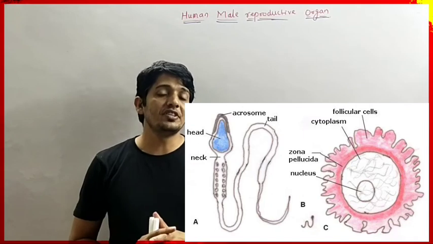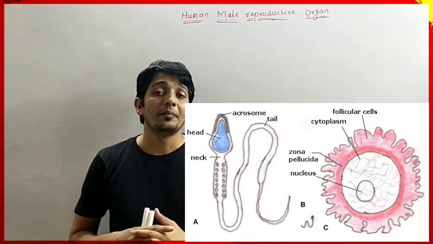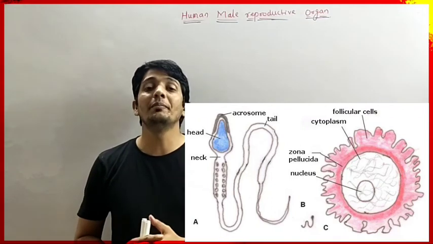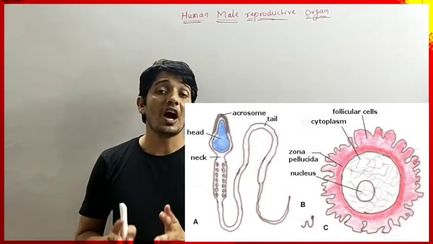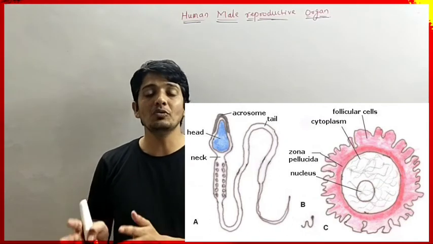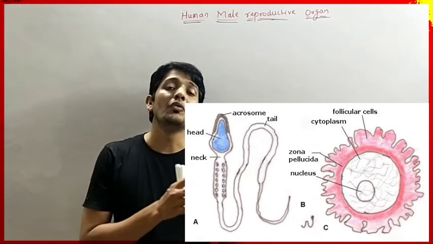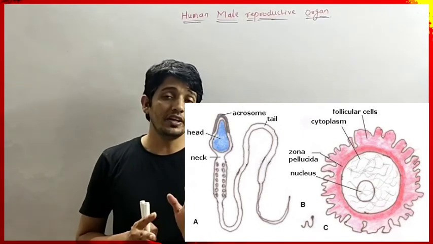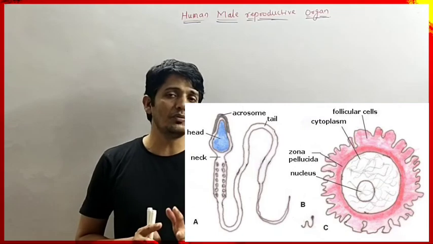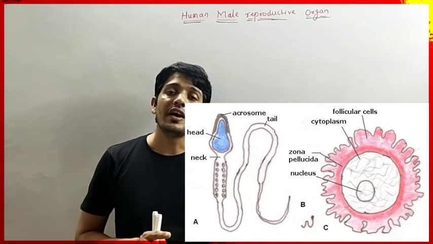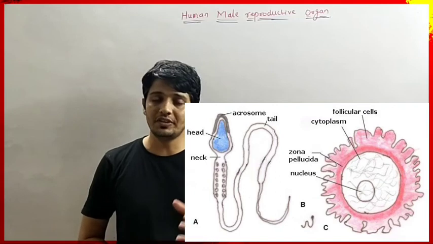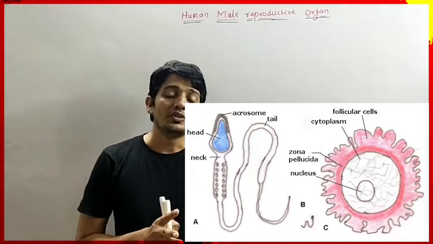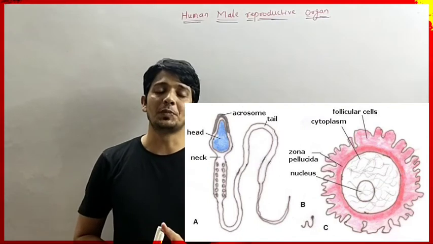Students, this is a very important part, because here we have to understand precisely how the male reproductive organ works, how the sperms are produced, and how they travel from the point of origin by using the different ducts to the point where the sperm cell is going to fuse with the egg cell to form a zygote. So this is the total journey of the sperm cell.